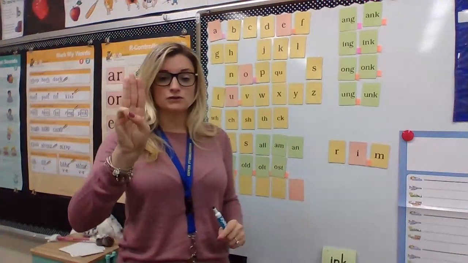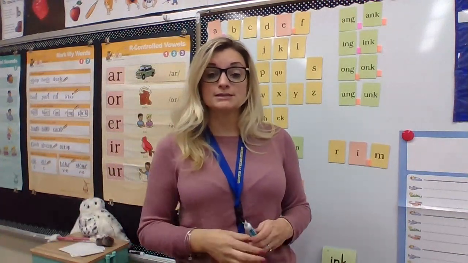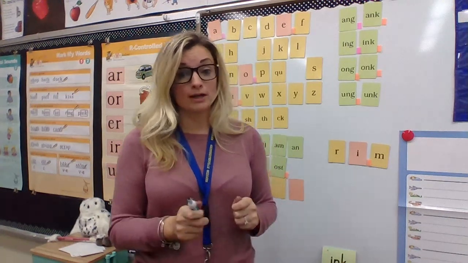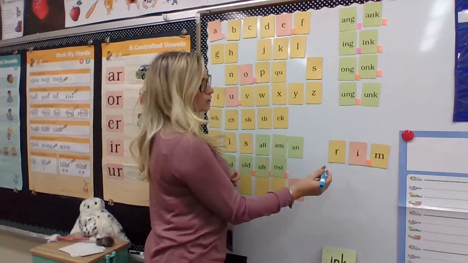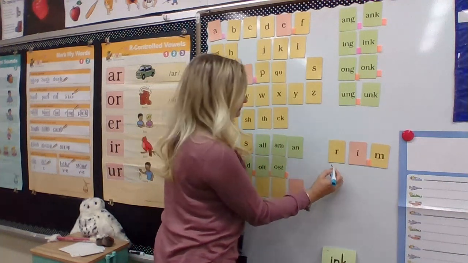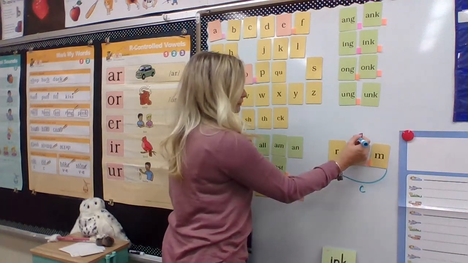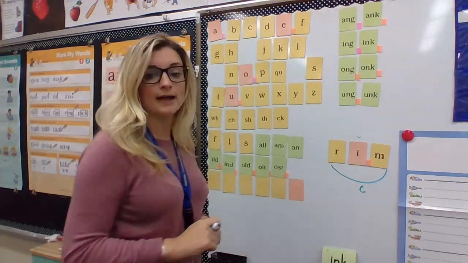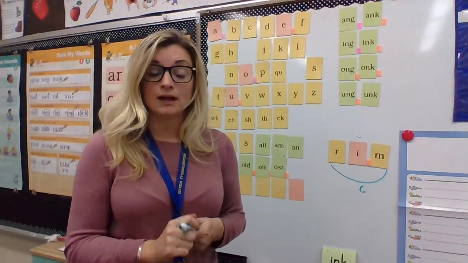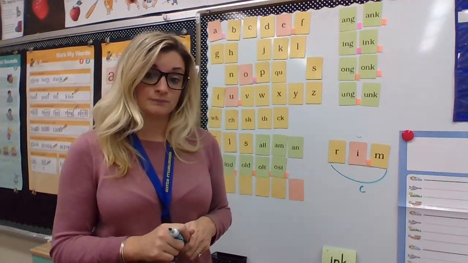So because it follows all 3 rules, we know that it is a closed syllable. And now we need to go ahead and make sure that we mark it. So when we mark a closed syllable, we scoop it, put a C in the bottom, and put our breve right on top. Again, that breve reminds us that that vowel is a short vowel, and it makes that short vowel sound. Okay?